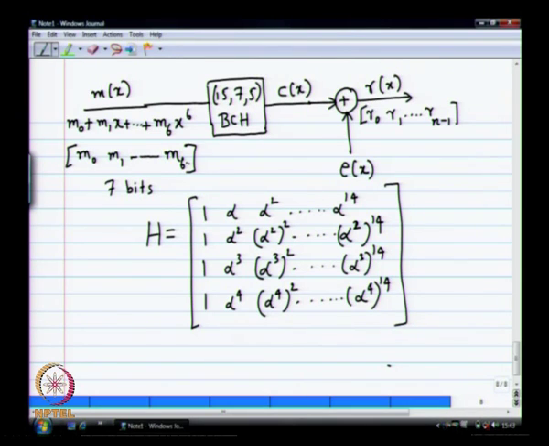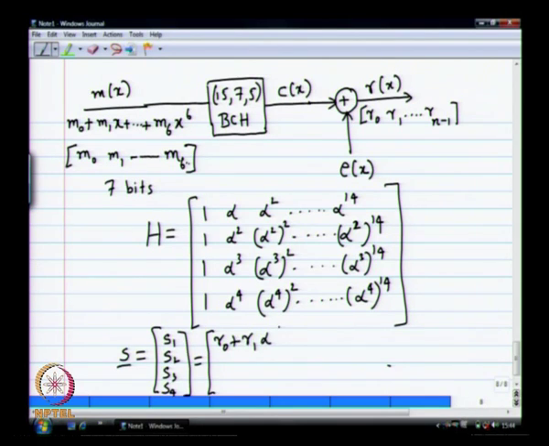I have to now compute the syndrome. Okay. If I compute the syndrome vector S, I can write it as S1, S2, S3 and S4. Okay. So, if you do the multiplication with R transpose, you are basically going to get R0 plus R1 alpha.